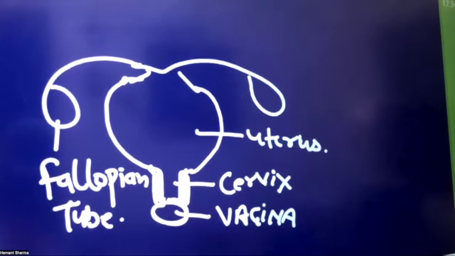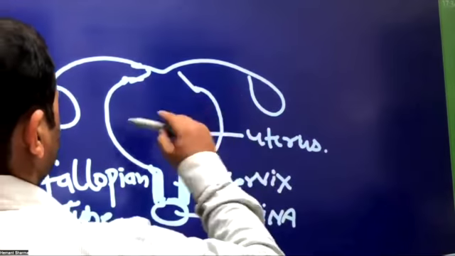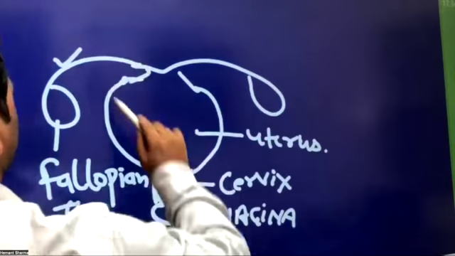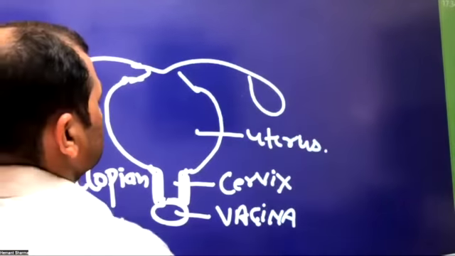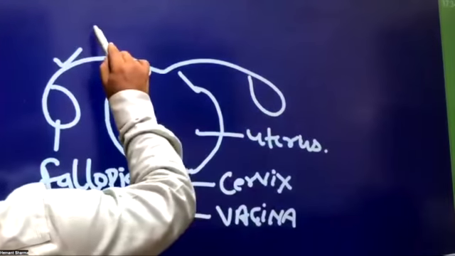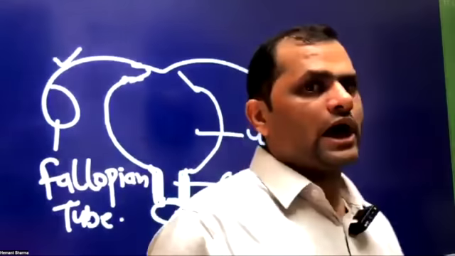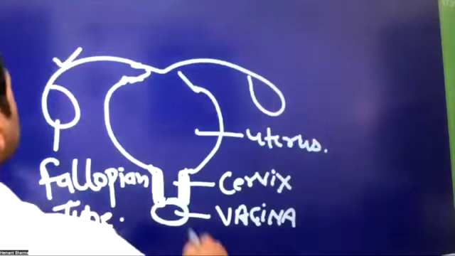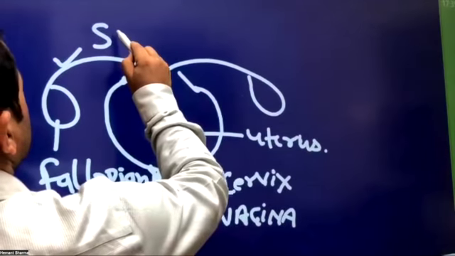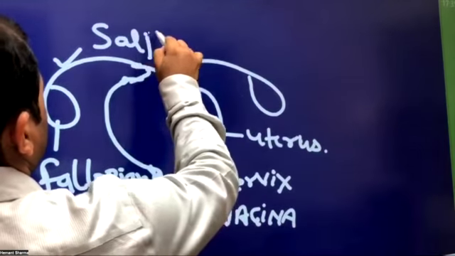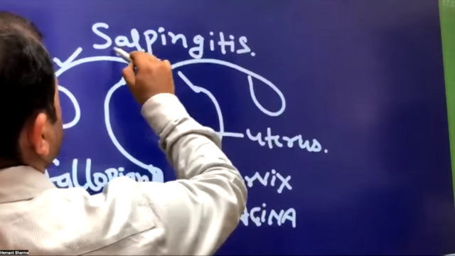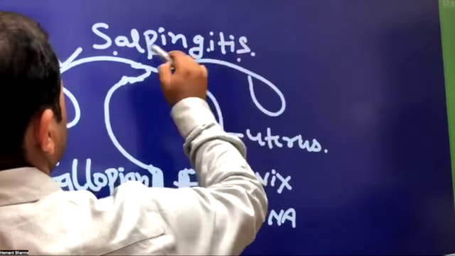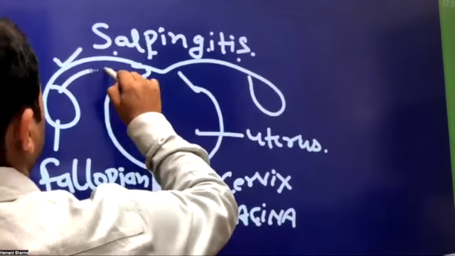So now, if there is any problem in the fallopian tube, the other name of fallopian tube is salpinx. So when you see salpingitis, salpingitis means inflammation of the fallopian tube.